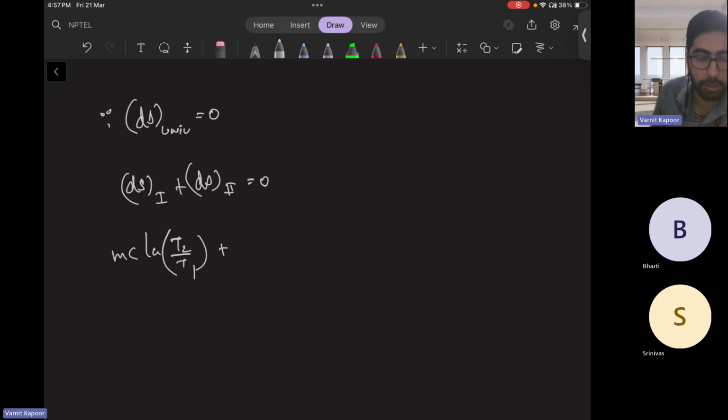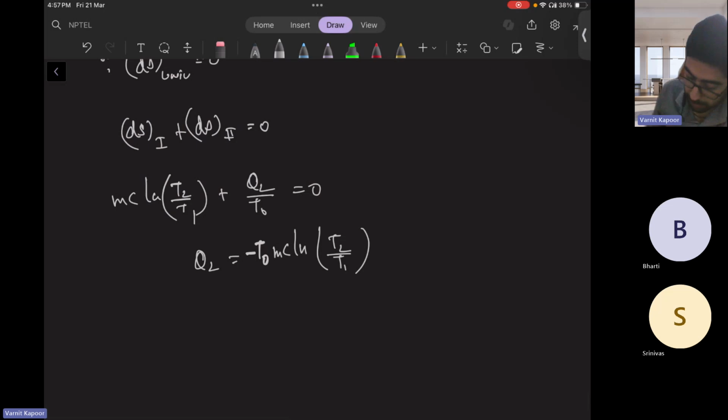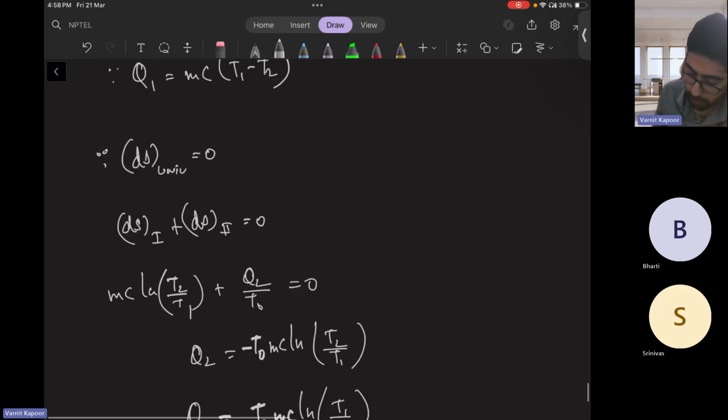Because it's at a constant temperature, TdS is dQ, so dS2 is Q2 by T naught, and the sum is equal to 0. From here you will get Q2. So Q2 is minus mC ln(T2 by T1) times T naught. Or you can write T1 by T2 as well, taking the sign inside: T naught mC ln(T1 by T2). So that's your Q2. All right, put this Q2 and Q1 back there.